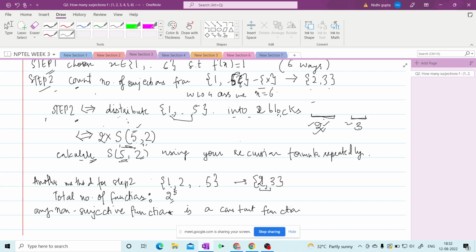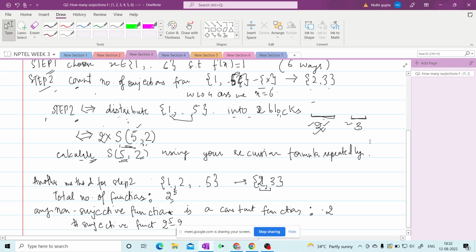And how many constant functions do we have? Exactly 2, because either everything goes to 2 or to 3. So the number of surjective functions becomes 2 raised to the power 5 minus 2.